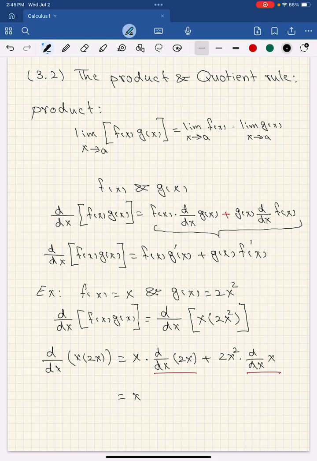What is the d/dx of 2x squared? It is 2x, so x times 2x, no wait, x times the derivative, plus, keep 2x squared. d/dx of x is 1. Now simplify. 2 times x gives you 2x, plus 2x squared times 1 gives you 2x squared.